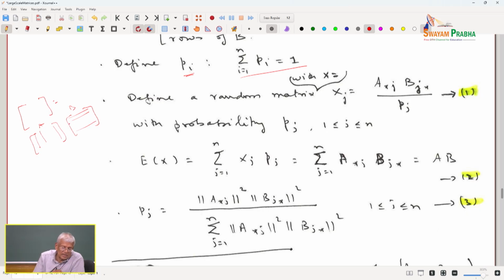So, the product matrix C can be realized element wise using the inner product, column by column using the matrix vector product, and as a sum of matrices using the outer product.